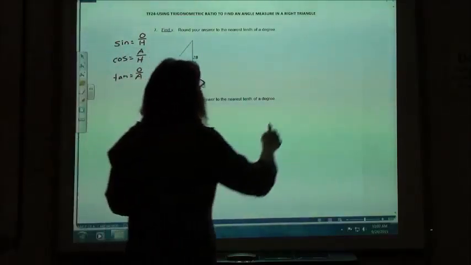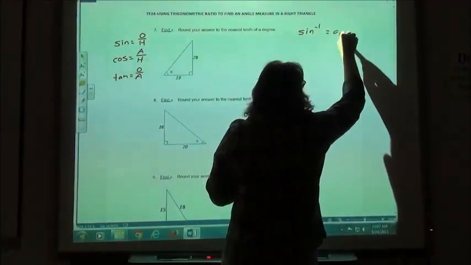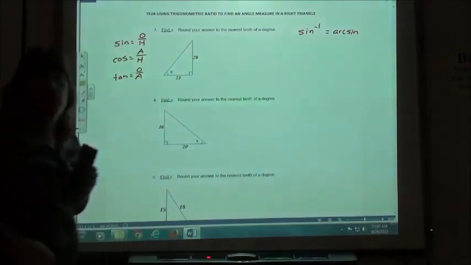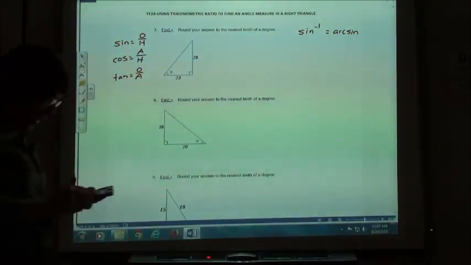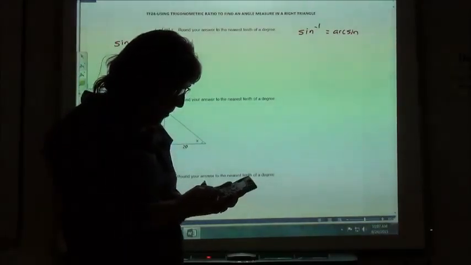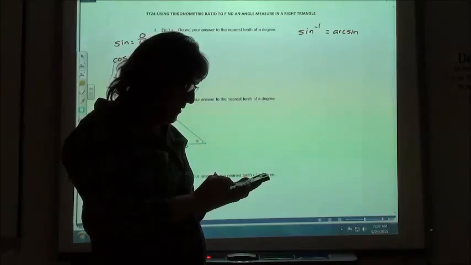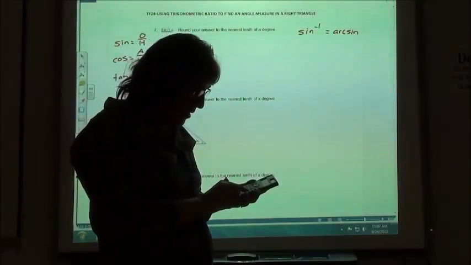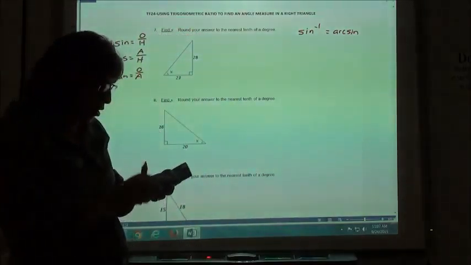Some books will do this, inverse sine. Sometimes they call it the arc sine. They mean the same thing. So the inverse tangent or arc tangent are the same thing. If you look at your calculator, above the sine, cosine, and tangent in yellow, you will see inverse sine, sine to the -1, inverse cosine, and inverse tangent, or arc sine, arc cosine, and arc tangent.